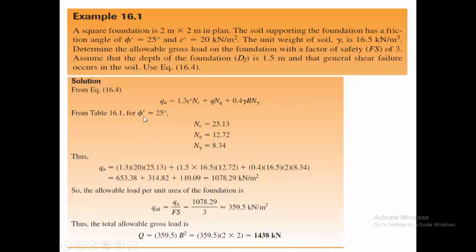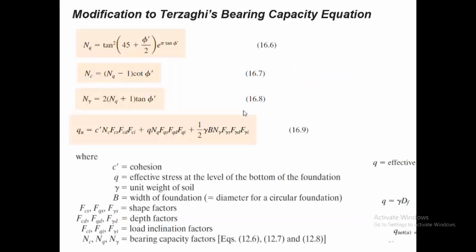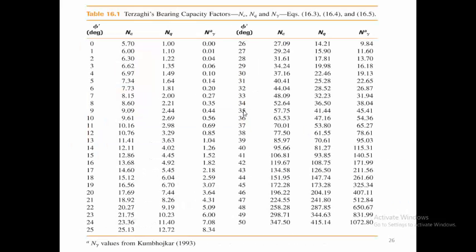So, the friction angle is 25 degrees. What will be the values of NC, NQ, and N gamma? For 25 degrees, NC is 25.13, NQ is 12.73, and N gamma is 8.34.